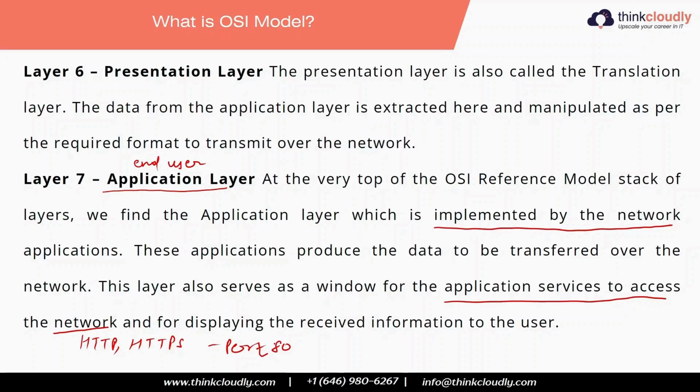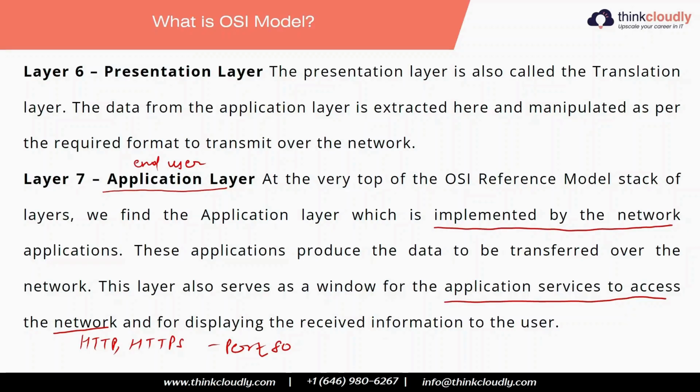So we have ports. What are ports? We have 65,000 plus ports globally standardized, and there are some ports that are standard ports, and some that are not standard. Standard ports are those defined for a particular activity. Like when I mention port 80, it is implicit that it is being used by HTTP.